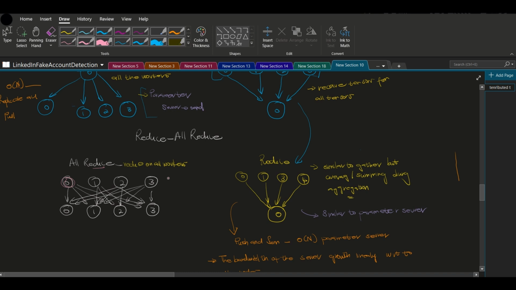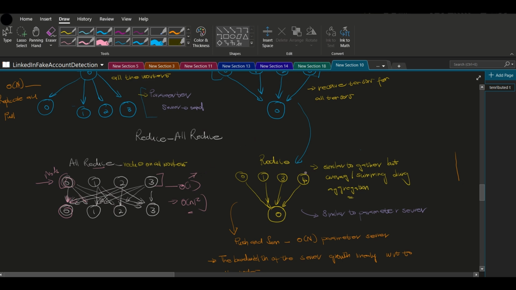This essentially gives us a time of O(1), because each node is sending all of these gradients to all the nodes in the cluster. However, in terms of bandwidth, it's going to give us O(n squared), because each node is getting all the gradients, as per the number of nodes in our cluster. So it's quite expensive on the bandwidth, but the time is quite good.